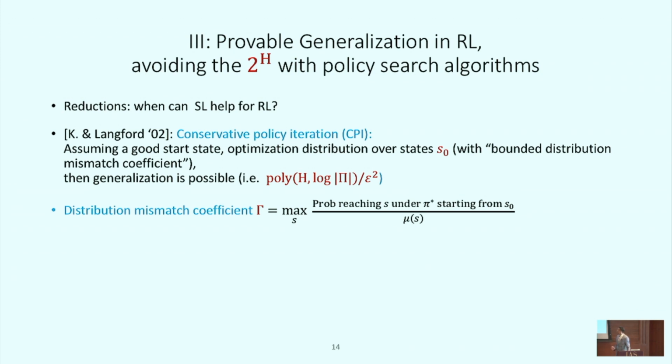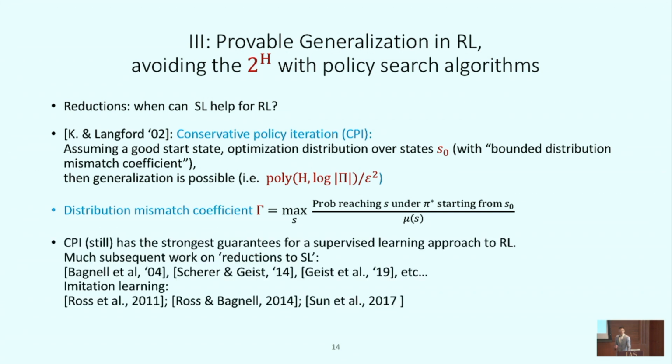I'm not going to go too much into detail into this, but those of you familiar with the literature, there's a way to try to avoid this 2 to the h if we make assumptions with regards to having some idea where an optimal policy might tend to visit. And that's one way to avoid. Imitation learning is one such special case. And this algorithm John referred to, policy search by dynamic programming, is a special case.